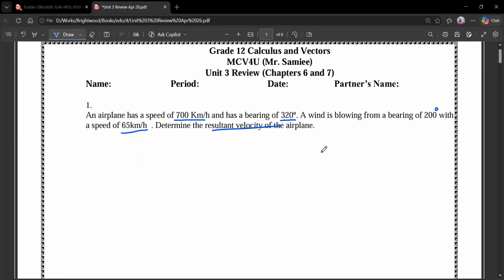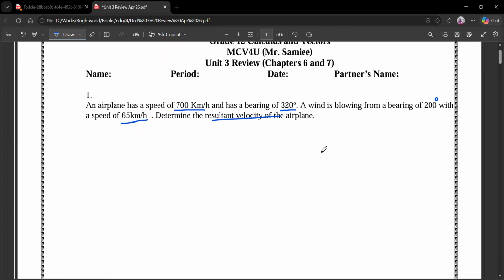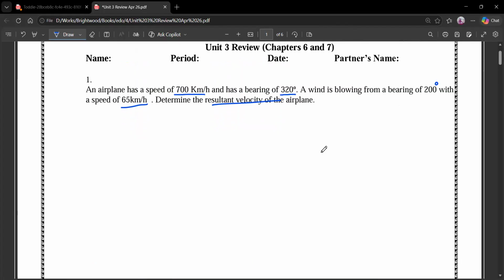So you can use the equation as previously. The airplane speed is 700 kilometers per hour with a bearing of 320 degrees. Bearing should always be measured clockwise from the north direction.